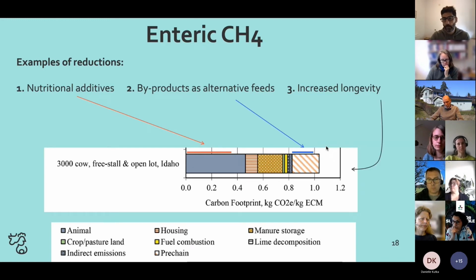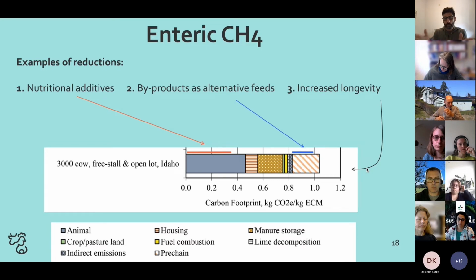And another, this is a more general concept, is increasing the longevity, and this is very relevant in many production systems. So basically, what we're doing is to have animals that last longer on the farm. So instead of 2 lactations, let's say 3 or 3.5 lactations. And what this is doing is diluting the emissions of the animal in the growing phase.